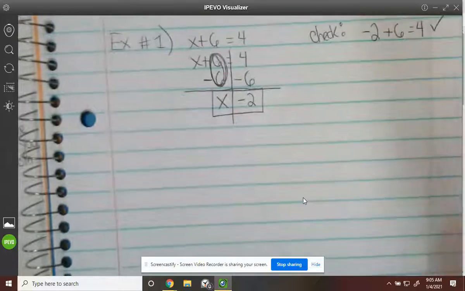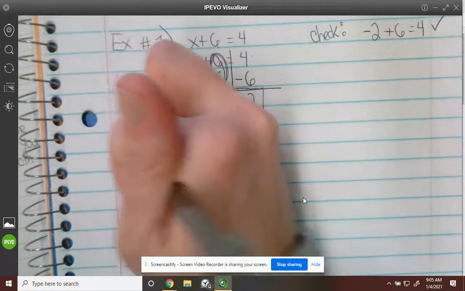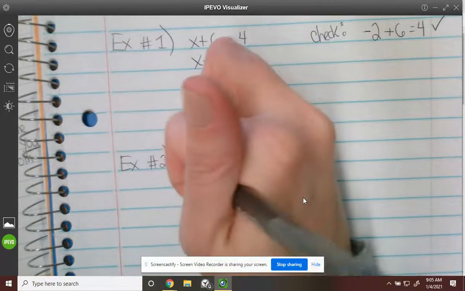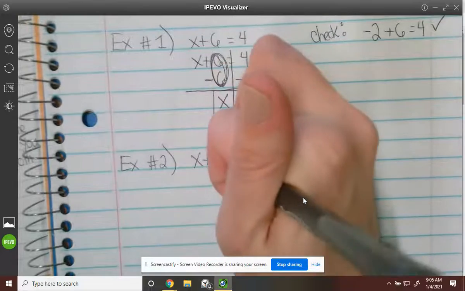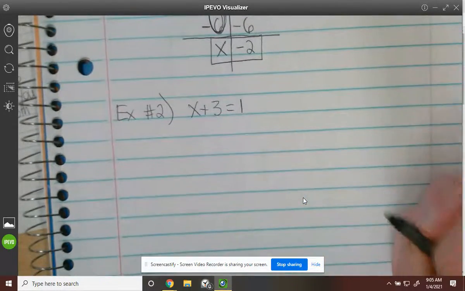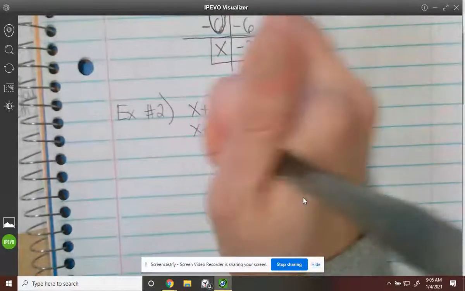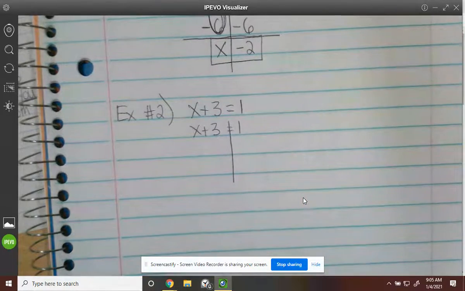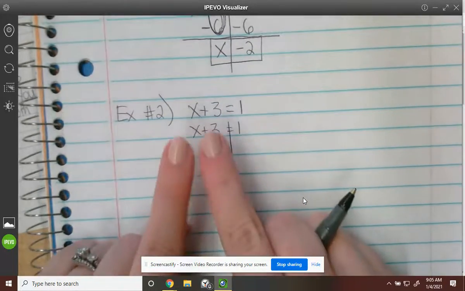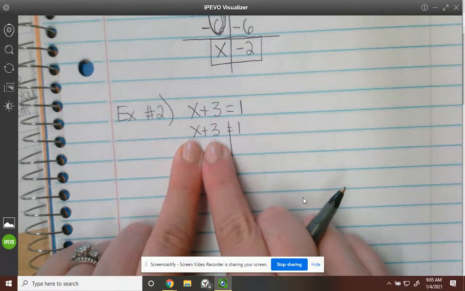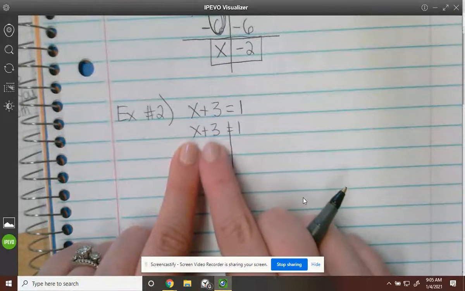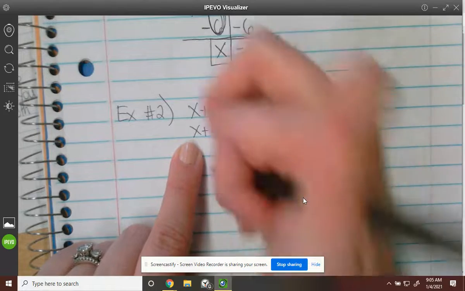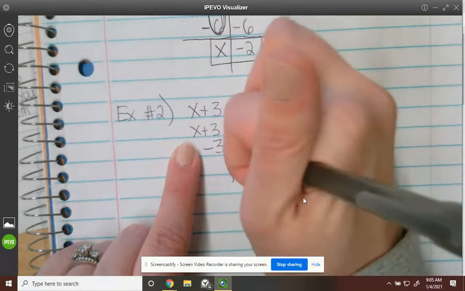Let's do another one. x plus 3 equals 1. I'm going to write it again before I mess it up. Okay, draw your line. x needs to be by itself. What's in its way? The plus 3. So in order to undo the plus 3, I'm going to subtract 3.